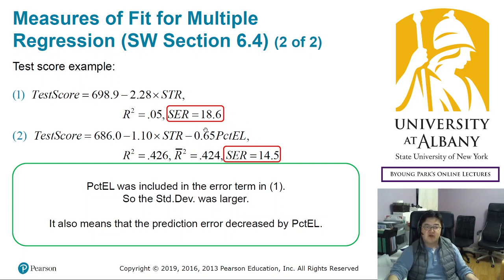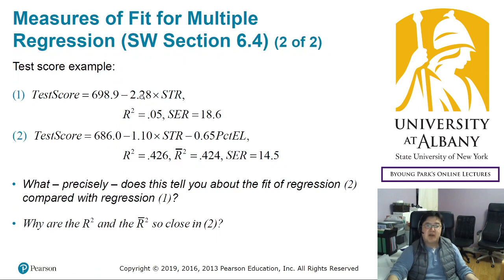And by including one variable, percentage of English learners, the coefficient changed from minus 2.2 to minus 1.1, and I explained this difference as the omitted variable bias. But as you just saw, if you include an additional variable here, then minus 1.1 changes to minus 1. So the difference of 0.1 is another omitted variable bias caused by missing the free lunch, missing the unobserved factors related to free lunch. So including more control variables will fix the omitted variable bias better.